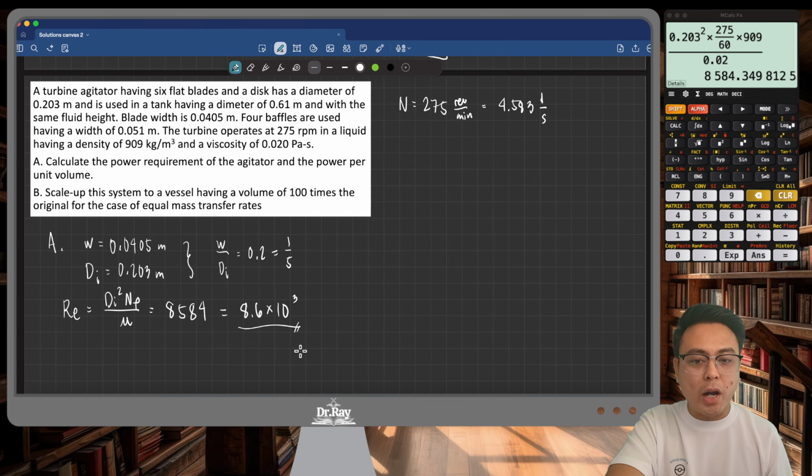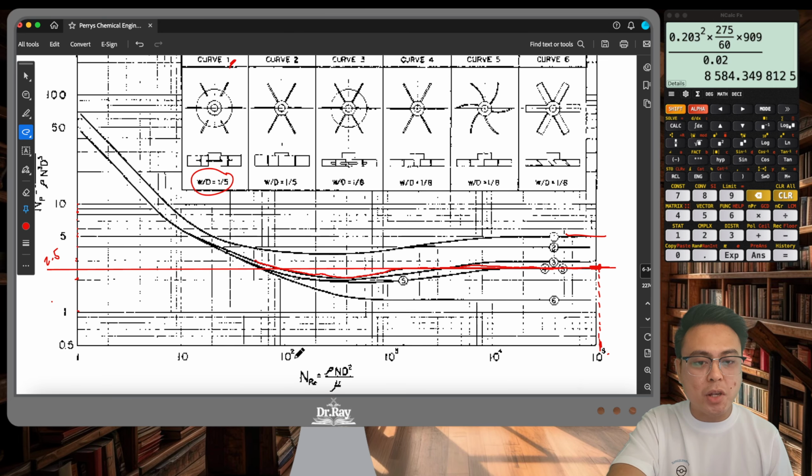Now go back to our graph. Look for 8.6 times 10 raised to 3.